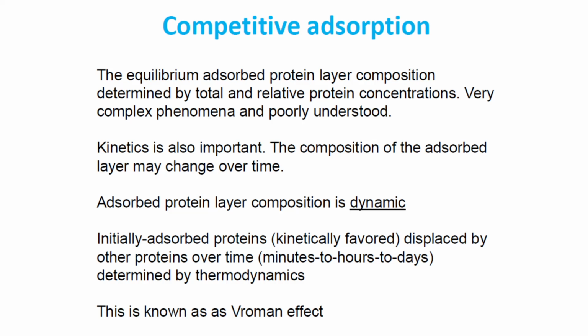And that's why first of all you will have a layer of these kinetically favored proteins, but as time goes on, other proteins which are thermodynamically favored, which means that attachment of these proteins is thermodynamically favorable, more stable. These kinetically favored proteins might not have a stable interaction with this biomaterial. So whenever these stable interaction proteins, also known as thermodynamically stable proteins, come into play, they can easily displace the previous proteins and form a second layer.